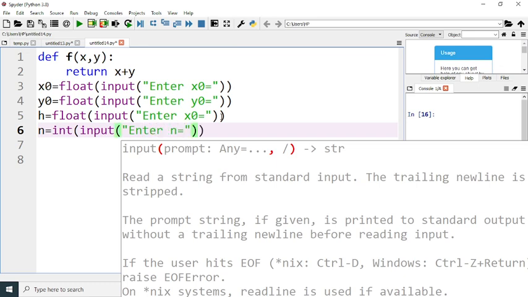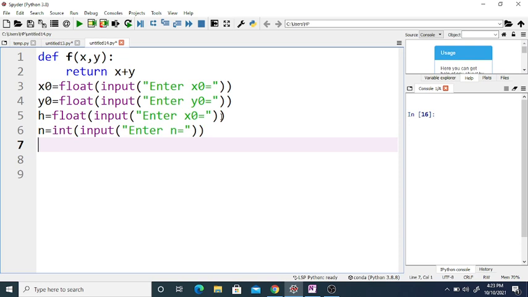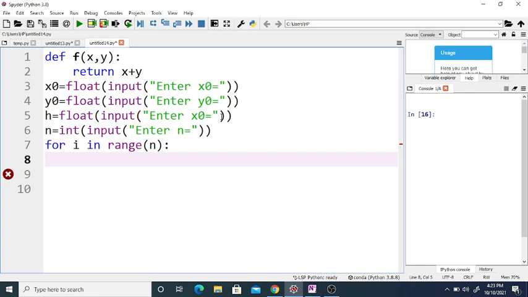So next, by using a for loop, for i in range n, y1 is equal to y0 plus h times f of x0.